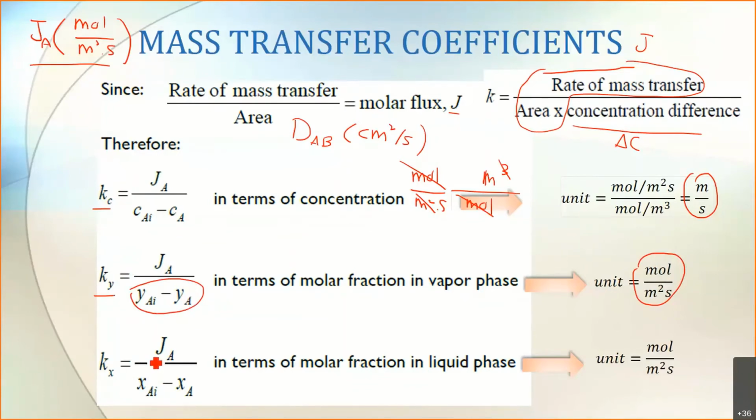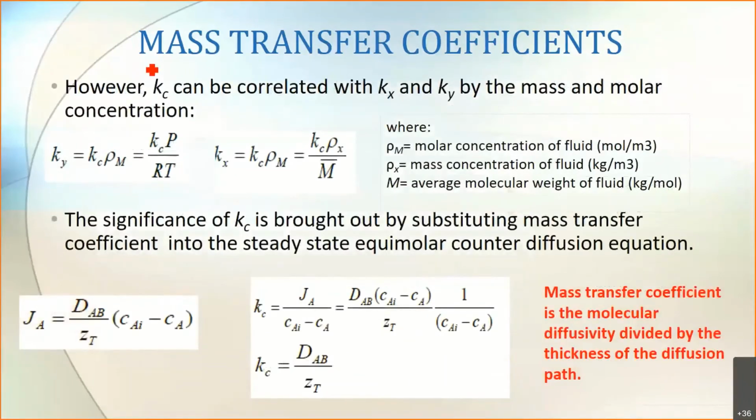So the same way you can find the unit for Kx, which is going to be the same, right? Because mole fraction, again, whether it's liquid phase or gas phase, does not have any unit. So you have to be careful when you are solving this using these equations, the unit for K. And then Kc can also be correlated with Kx and Ky.